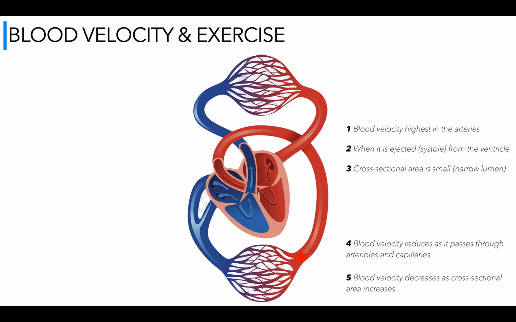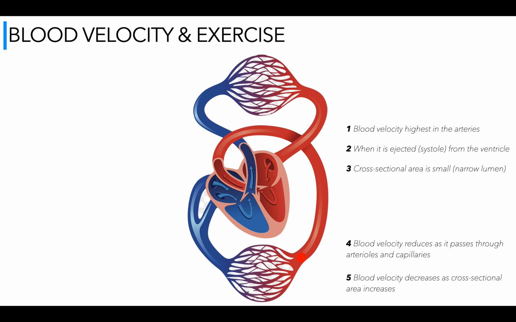This is how you can imagine the arterioles. We get a larger cross-sectional area, and that will decrease the blood velocity. So the water coming out of the watering can is happening slower, because obviously you'll flood your plant if you don't have that sprinkler part on. So that's an interesting way to picture it.